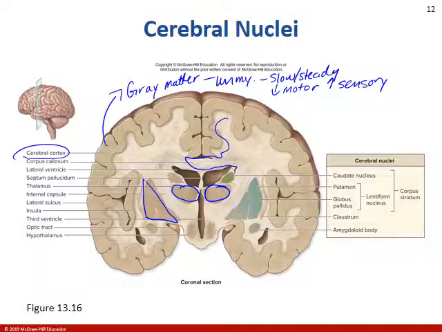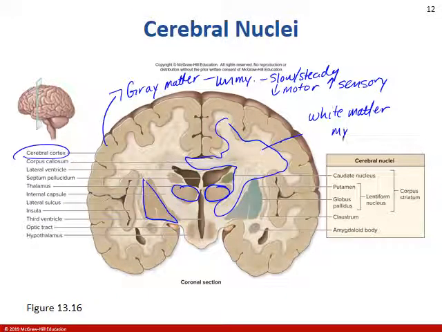Then we just talked about all of this white matter, right? And if I say white matter to you, you should be thinking myelinated, fast signals. And remember, this is where we have all those associations. So this is where we have the tracts, how the brain is communicating or integrating information.